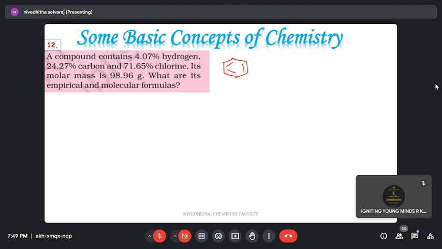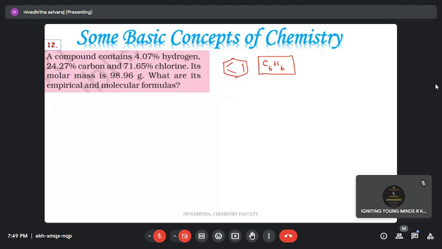So, in this compound, we have 6 carbons and 6 hydrogens, right? So, molecular formula is nothing but in this formula, we'll be writing what are all the elements present, and we'll be writing number of elements also, right? So, this is the molecular formula of benzene.